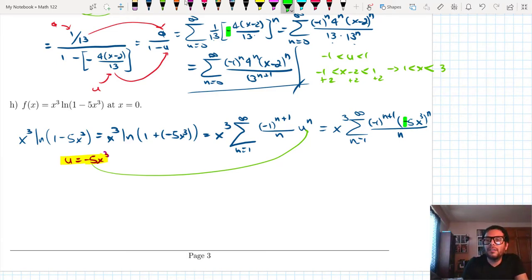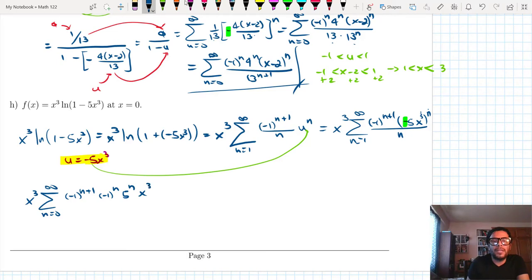Number one, let's look at this negative 1 to the n power. Keep in mind the x cubed, I'll do that at the end. Negative 1 to the n plus 1, that came from the formula, times negative 1 to the n times 5 to the n, and then x to the 3 times n.